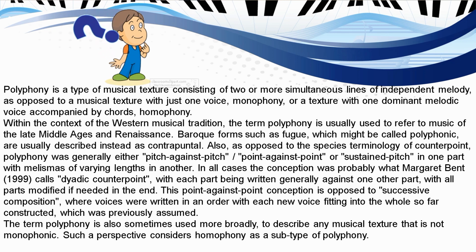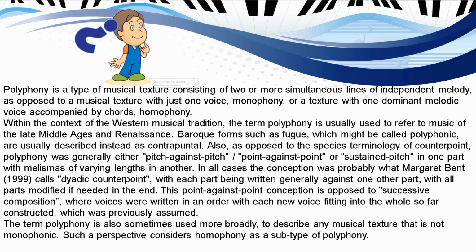To extend the definition of polyphonic texture, polyphony is a type of musical texture consisting of two or more simultaneous lines of independent melody, as opposed to a musical texture with just one voice, monophony, or a texture with one dominant melodic voice accompanied by chords, homophony.